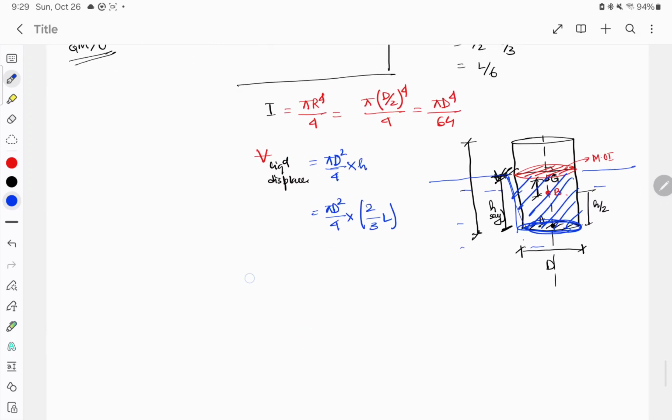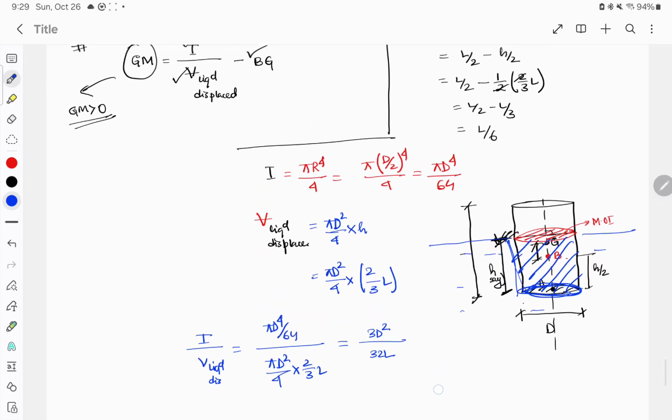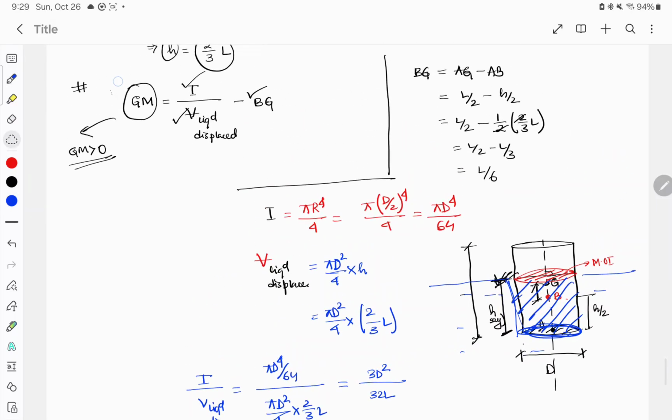So if I calculate I by volume of liquid displaced, it will be pi d to the power 4 by 64 divided by pi d square by 4 into 2 by 3 L, which will come out finally to be 3d square by 32 L. Okay, so now this formula I'll again bring it down.